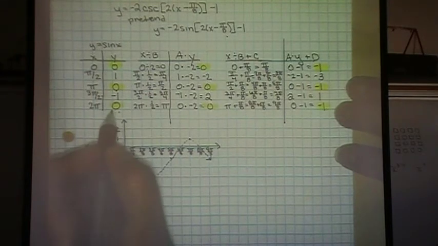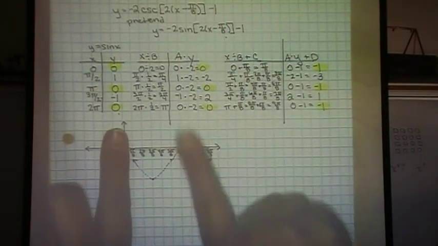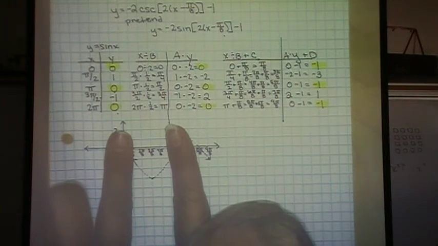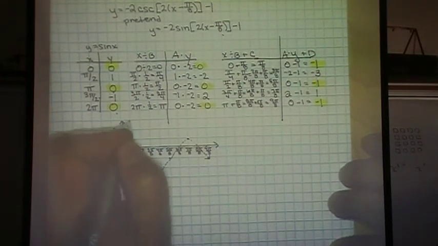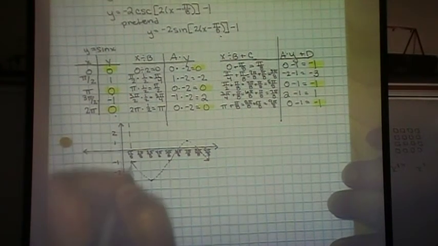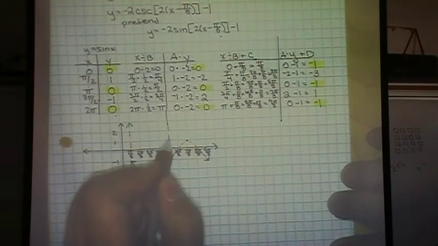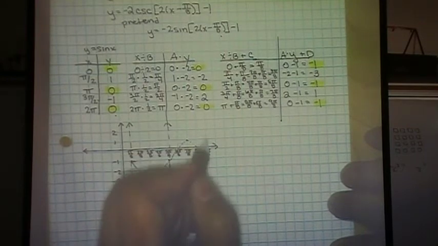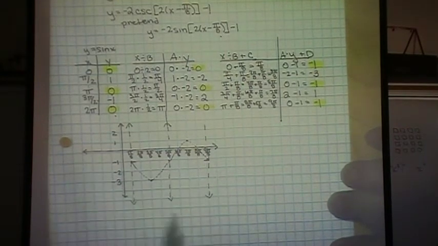These are where my asymptotes are going to be. So every place that there's a zero, I'm going to sketch in an asymptote right through those points. And you're going to have 3 when you graph each of these, because you're going to have 2 on the ends and then 1 in the middle.